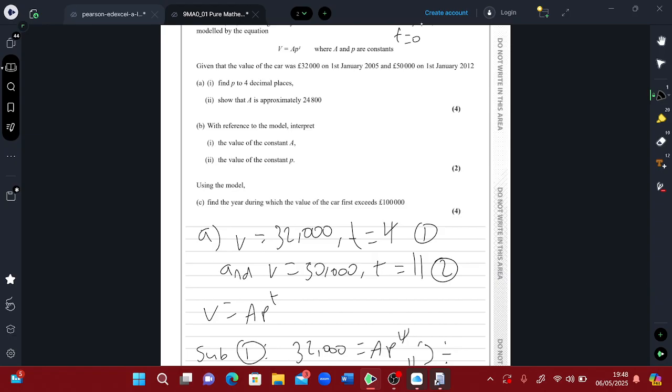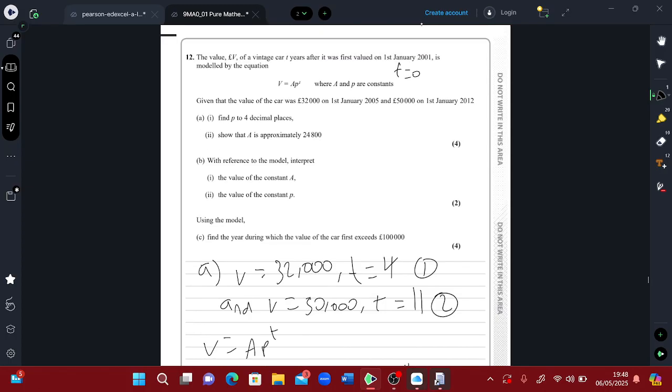Then it says, with reference to the model, interpret the value of A and P. Very key word there. You wouldn't really understand what it means here until you've done past papers. What it means is give the real life meaning of these terms.